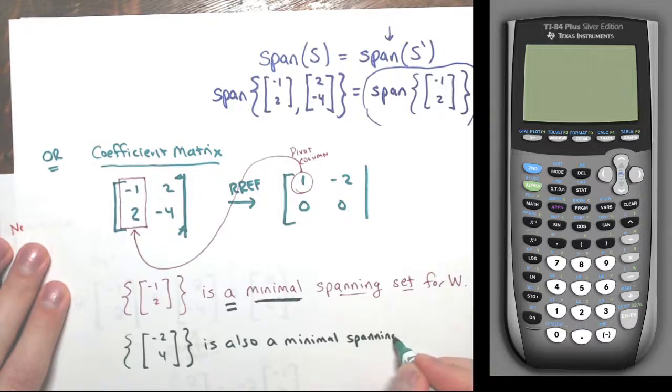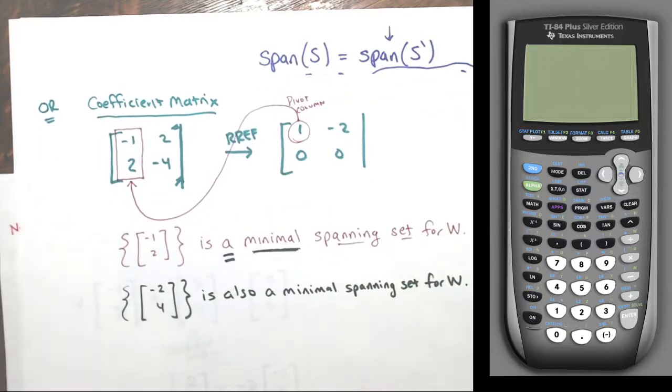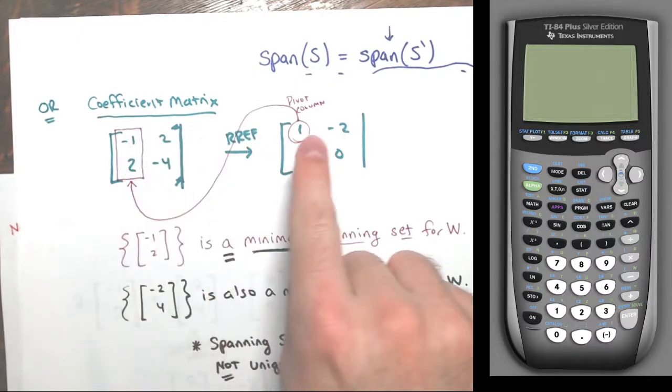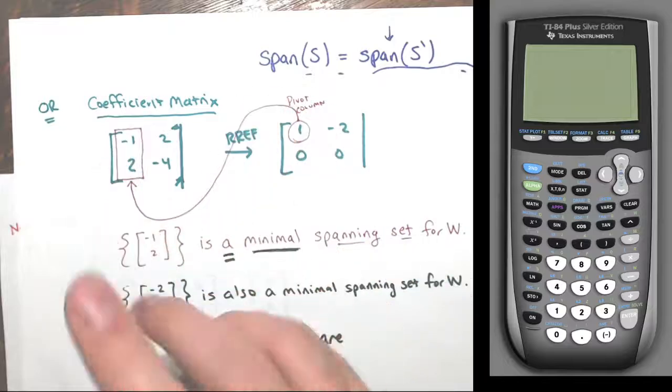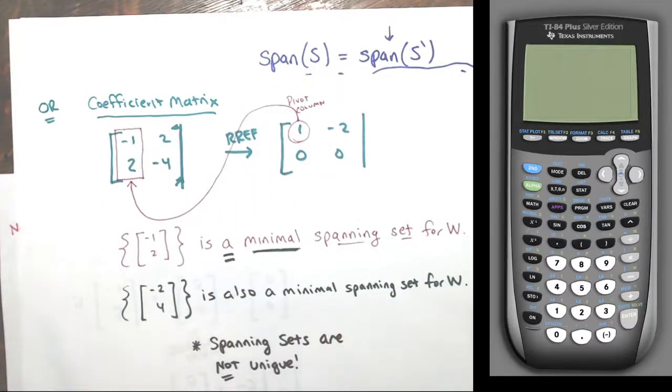So just know that spanning sets are not unique, and I think I've mentioned that in a previous video if you've been watching, and I'll make that note down here. Spanning sets are not unique. Now if you follow this procedure with the reduced row echelon form, you're going to get the same minimal spanning set as everybody else who sets up the same matrix.